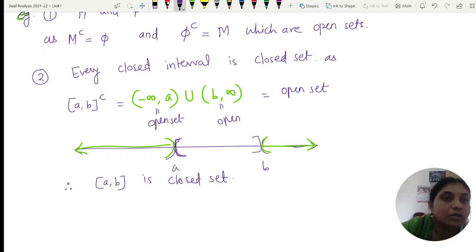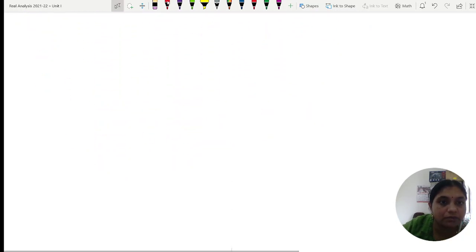Now, along the same lines as we did for open sets, there are three theorems. What we have proved: an arbitrary union of open sets is open.